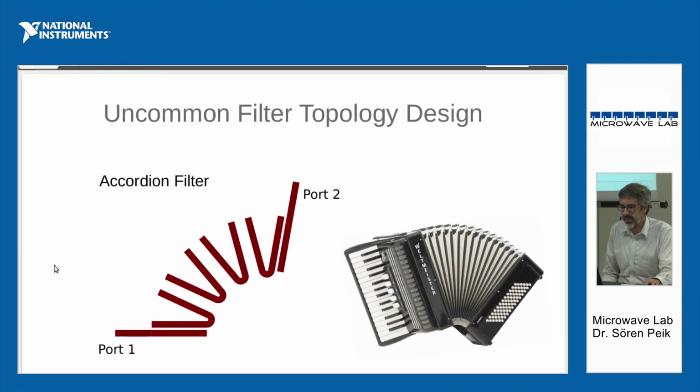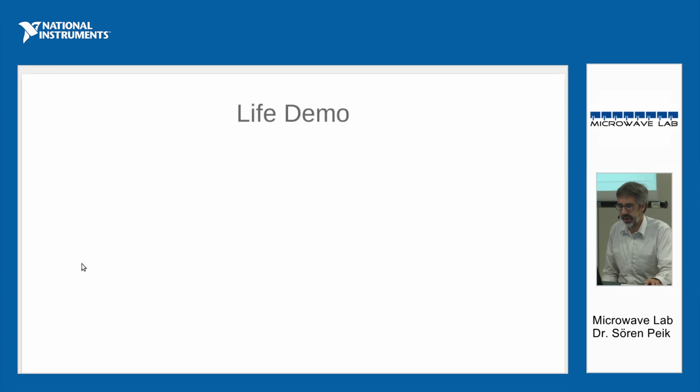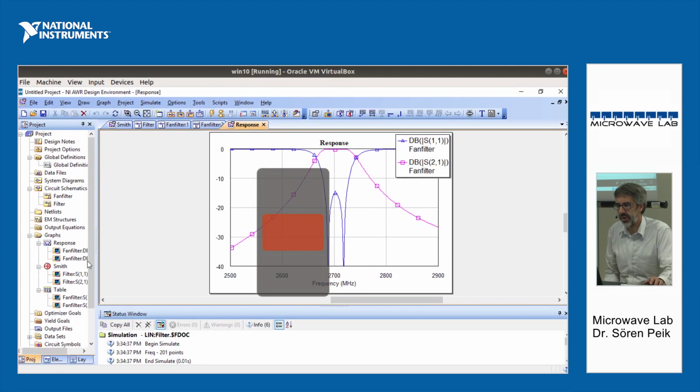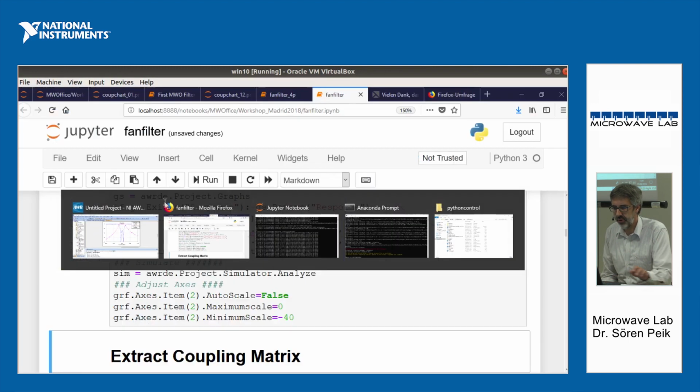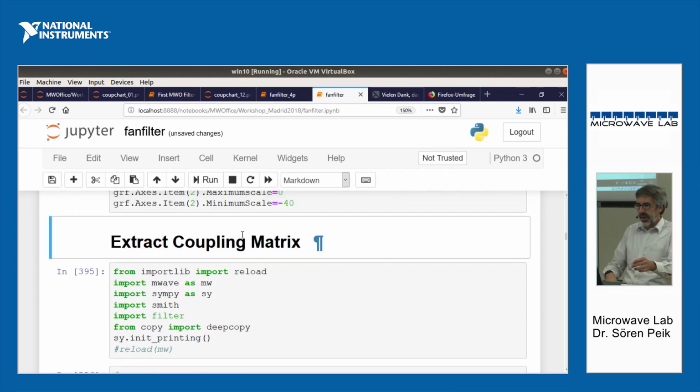Okay, now let's go down here again. I go directly to my next thing. From this filter now, I would like to extract the coupling matrix. When I get the coupling matrix, I know what the input and output couplings are, and I know what the interresonator couplings are, and I can play with that. It's similar to what Dan has shown you earlier this afternoon.